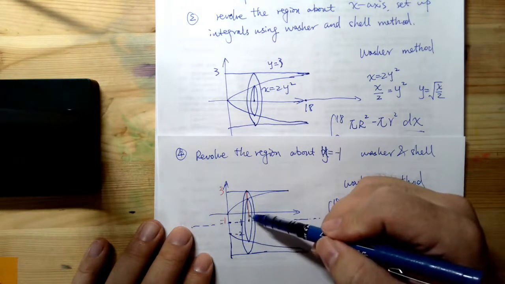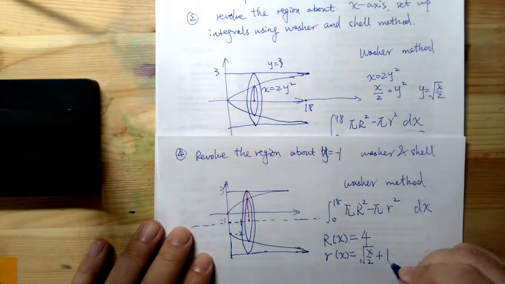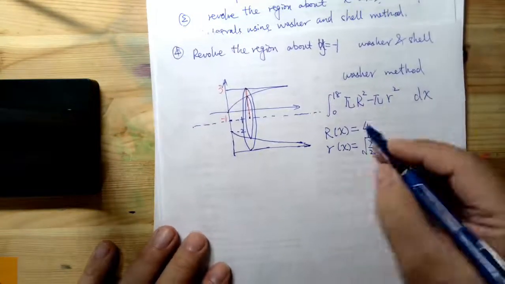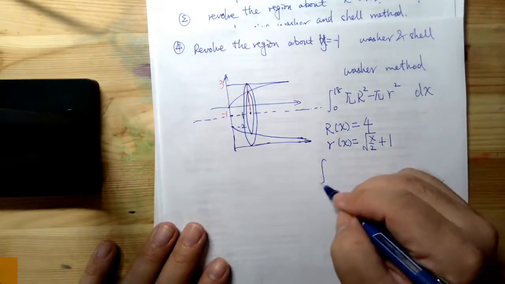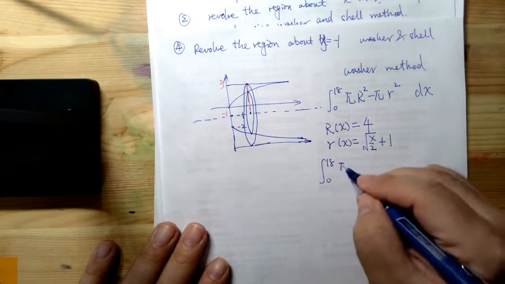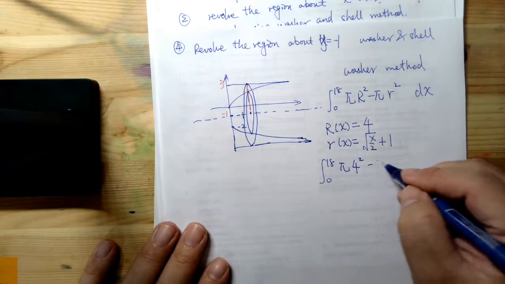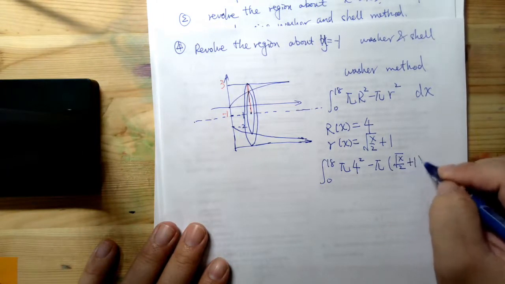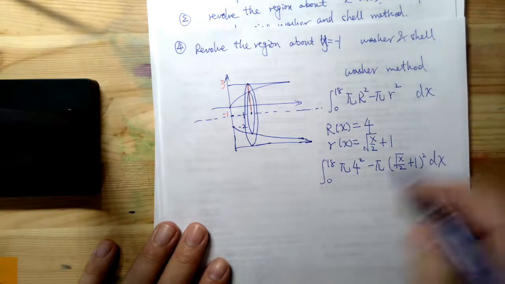And also you can think about it as adding a 1 here, so it's just a plus 1. So that actually gives us this problem. So plug all of this in, it's going to be from 0 to 18, pi times 4 squared minus pi times square root of x over 2 plus 1 squared dx, okay?